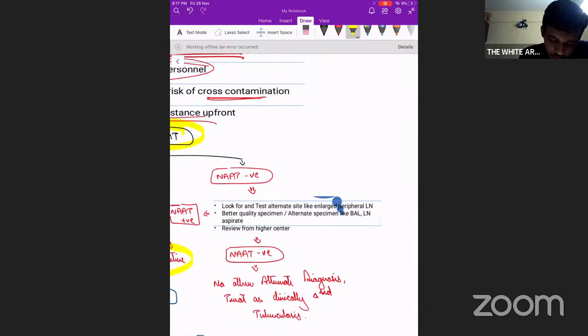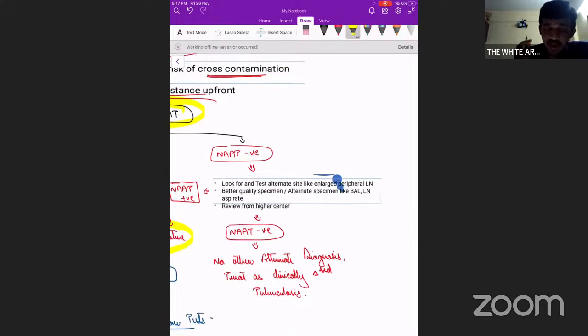In that case, what do we do? Because the incidence of extrapulmonary tuberculosis is high, we look for and test an alternate site like any peripheral enlarged lymph node. We again try to send a better quality specimen or any alternate specimen like bronchoalveolar lavage or a lymph node aspirate. And by this time, we'll review it at the higher center.